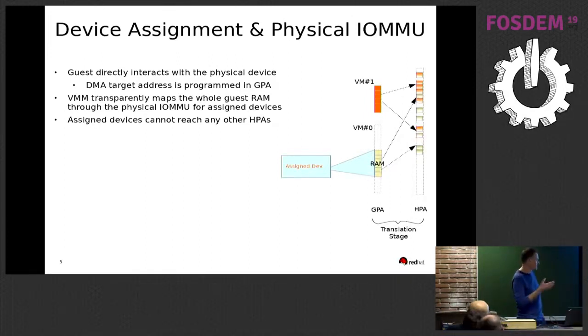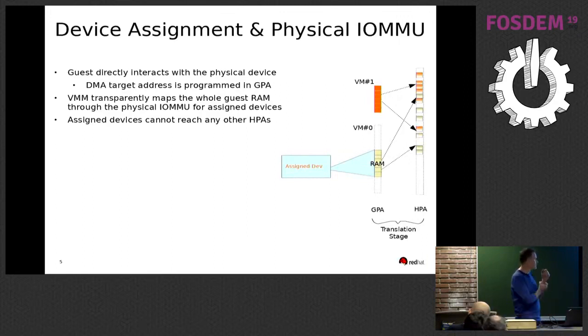With respect to DMA programming, this means that the guest is going to program the DMA target address registers using its own address space, which is the guest physical address. And you want this physical device to be able to reach the whole guest RAM.